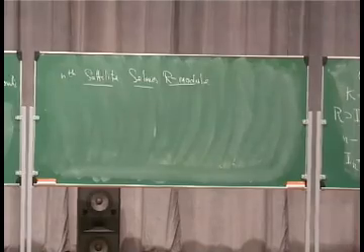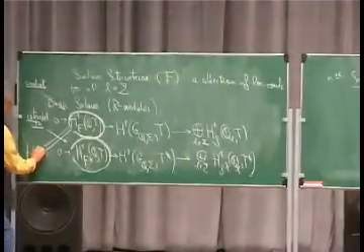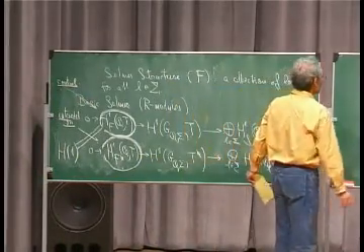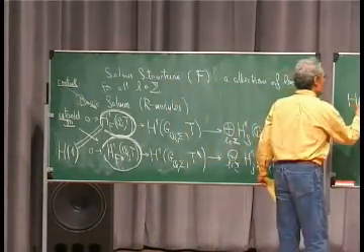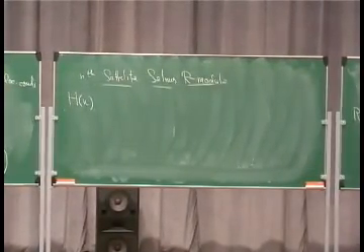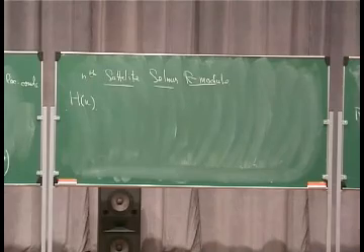This is going to be called H of 1. And in general, I'm going to define something that I'll call H of n for any such n as on that board over there.